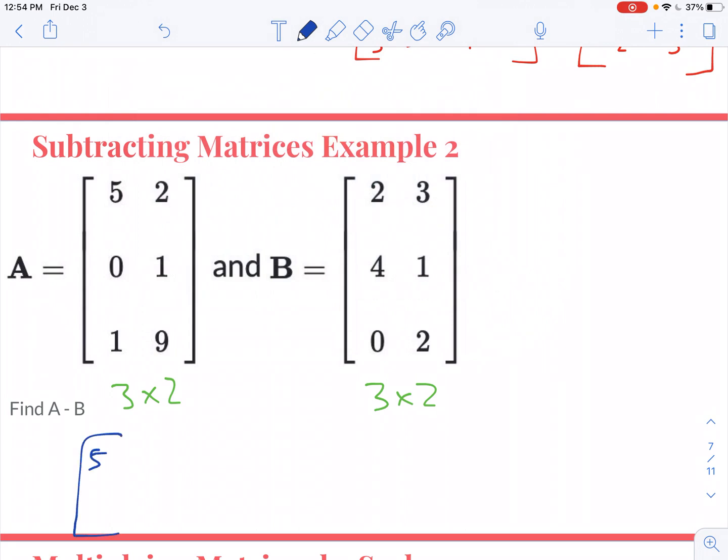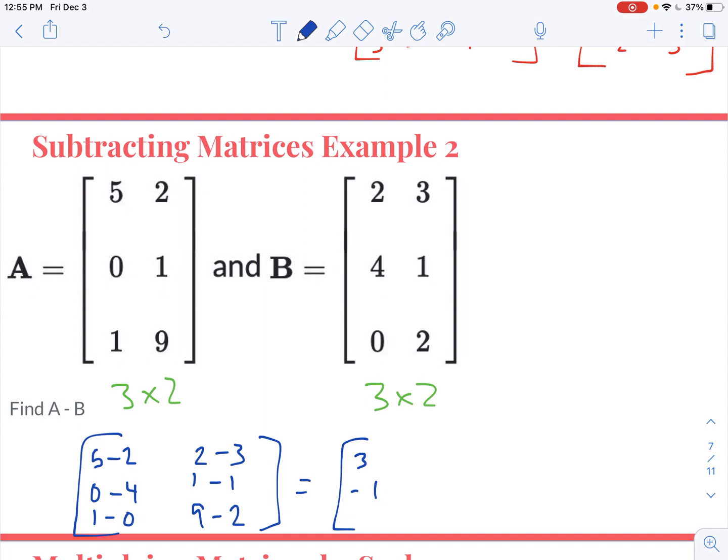We've got 5 minus 2, 0 minus 4, 1 minus 0, 2 minus 3, 1 minus 1, and 9 minus 2. This gives us 3, -4, 1, -1, 0, and 7. So this would be the result of doing A minus B.